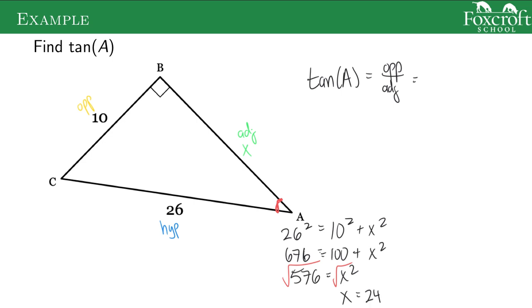So again, this one's pretty nice. We get an exact answer of 24. And now our final answer, the opposite side was 10. The adjacent side is 24. Both those numbers are even, so I can simplify to 5 over 12. All right, so 5/12 is the tangent of this angle A.